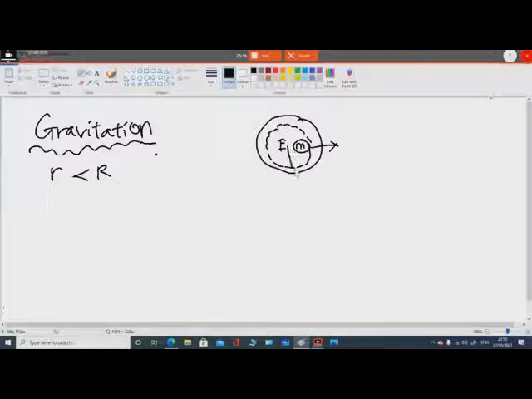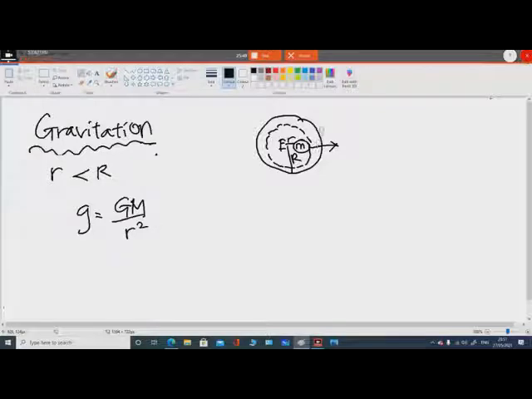So this is our big R. So this is our small r. As for the distance, which is less than the radius of the Earth, we know that g is actually equal to GM over r squared.